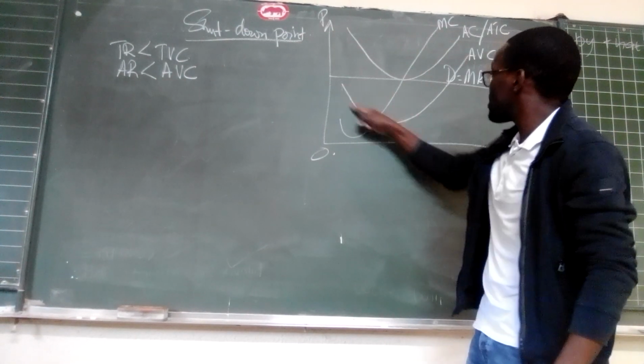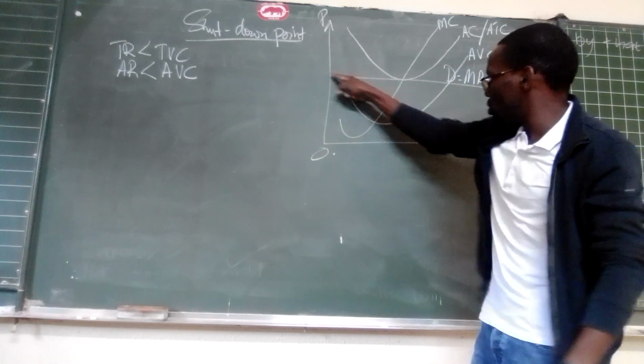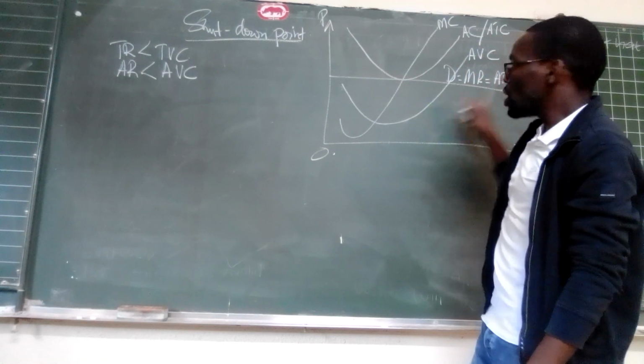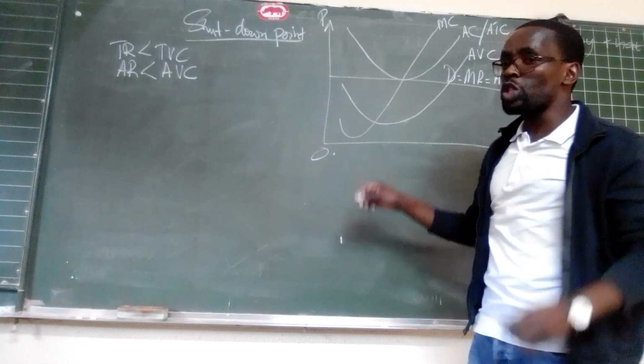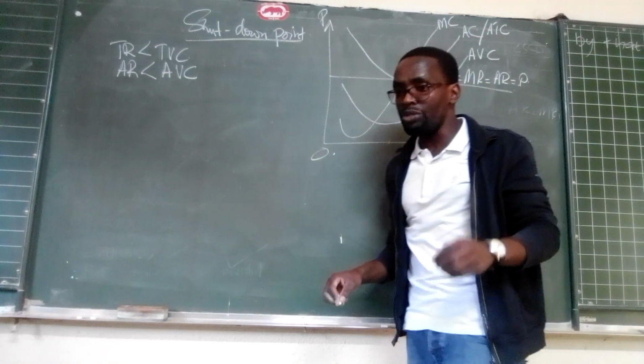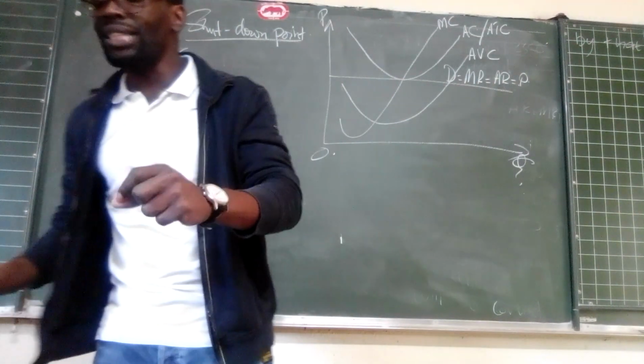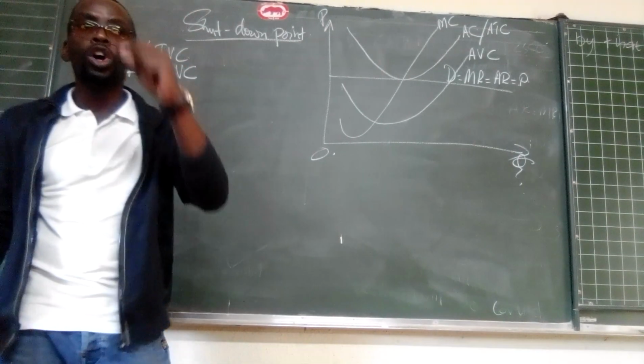So we are saying this is our average variable cost and this is our average revenue. If our average revenue is not enough to cover our average variable cost, then that firm can consider to close down.